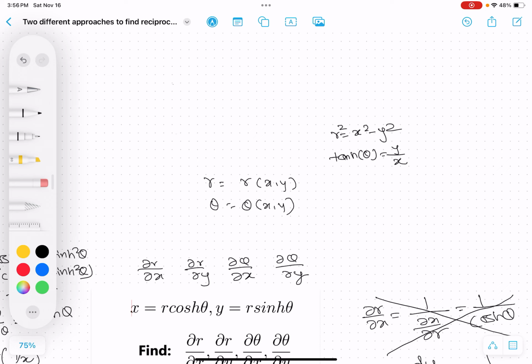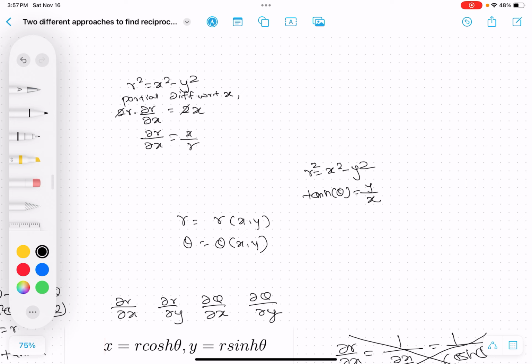So now there's r square. If I differentiate this equation partially with respect to x, this will just be 2r times partial r by partial x is equal to 2x. So partial r by partial x will just be x by r, right? Yeah, so we got that.